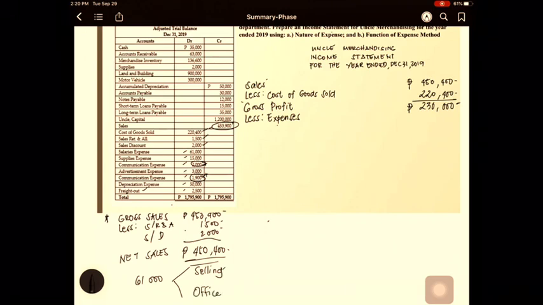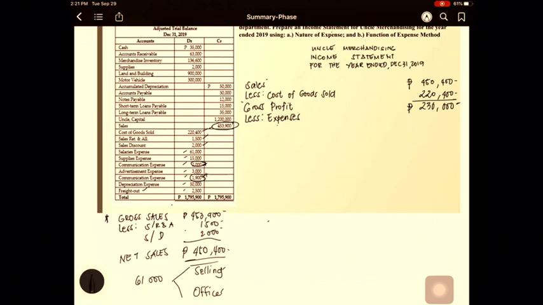Of course, the amount of the salaries paid to the sales department should be part of your selling expenses, or distribution expenses, while the salaries paid to the office personnel, since they are not directly attributed now to the storing, to the production, to the manufacturing, to the delivery, to the advertisement of the product, then they shall be part of your administrative expenses.